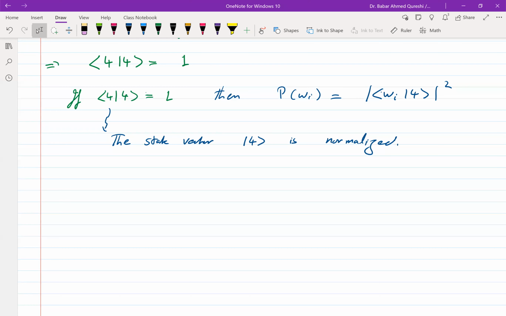You don't really need to normalize. Even if you don't normalize, you can work with it as long as you know that you are talking about relative probabilities. So if this is like this, and psi is not normalized, you can put an equality by dividing by this.